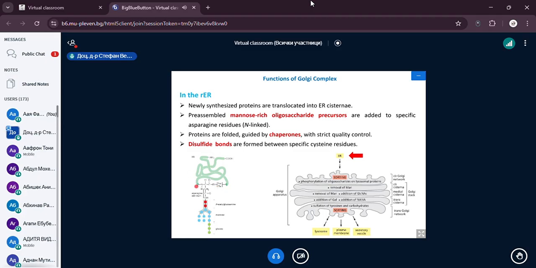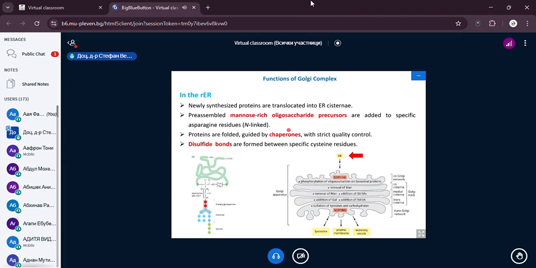As I told you last week, in biochemistry, according to the coding system of amino acids, asparagine is labeled with letter N. That's why here it is written N-linked glycosylation. This means that the oligosaccharide chain is being attached to the amino acid asparagine along the protein.